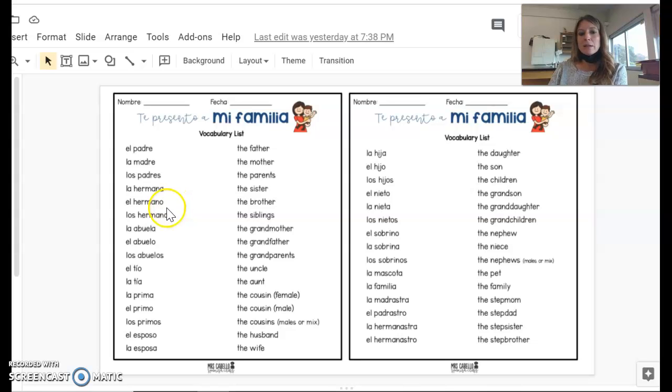So I will say los hermanos, and that's what this one is showing you here. Same thing with grandparents. I have my abuela, my abuelo, but then I have my abuelos, my grandparents. So again, to refer to the group, masculine, plural. So this is your vocab list that you're going to refer to.